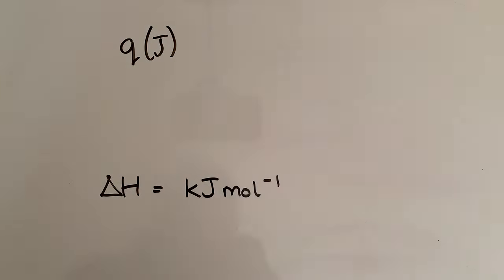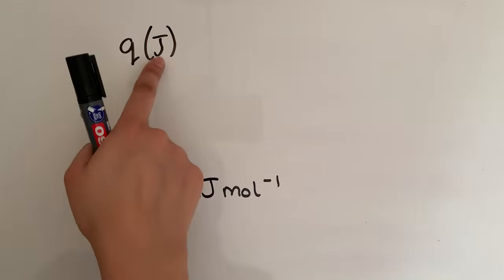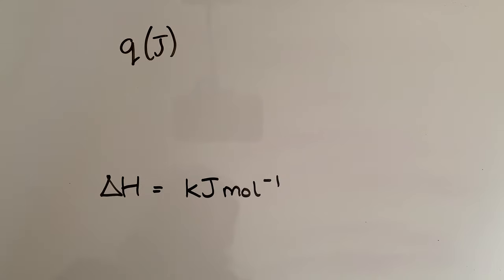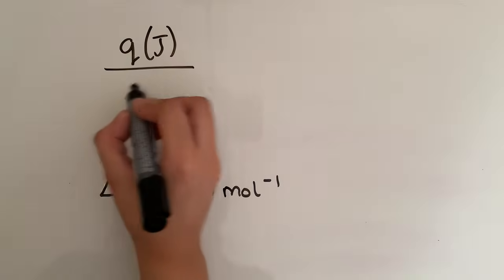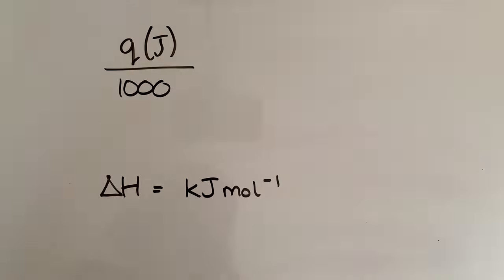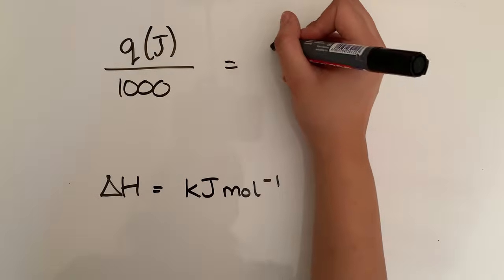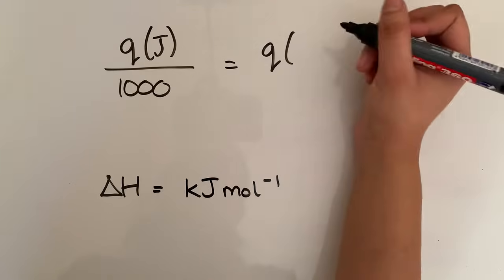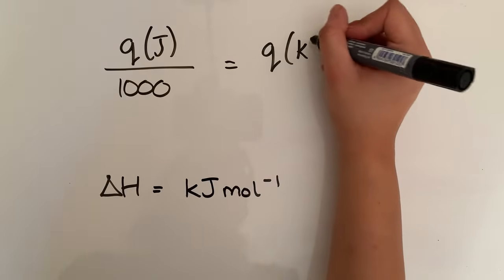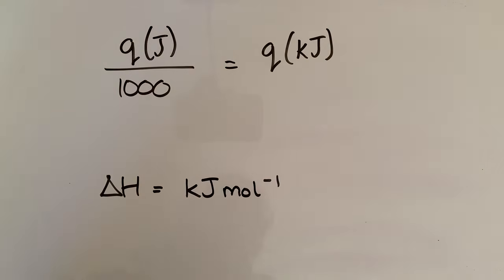So the first thing we're going to do is we're going to convert this into kilojoules. So to go from joules to kilojoules, we divide by 1,000. So that Q value that we've just got from that first equation, we divide by 1,000, and then we have our answer. We still have energy change, but it's now in kilojoules.